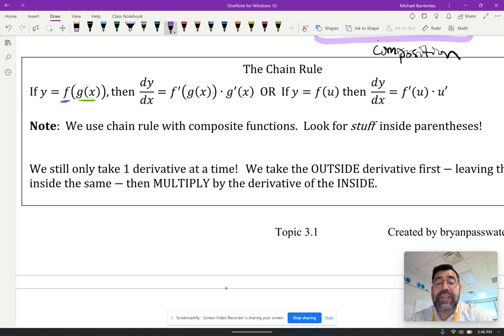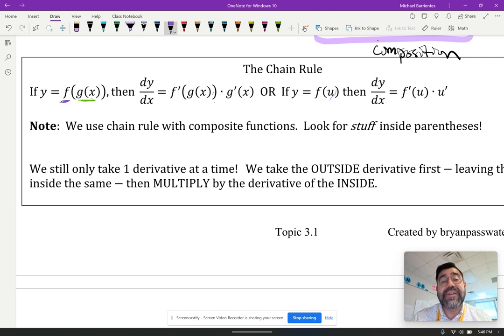So if you can identify what your inside is, to make it less complicated, why don't we call the inside u? Then we take the derivative of the outside with that u expression still in there, times the derivative of the inside, which is the derivative of u.